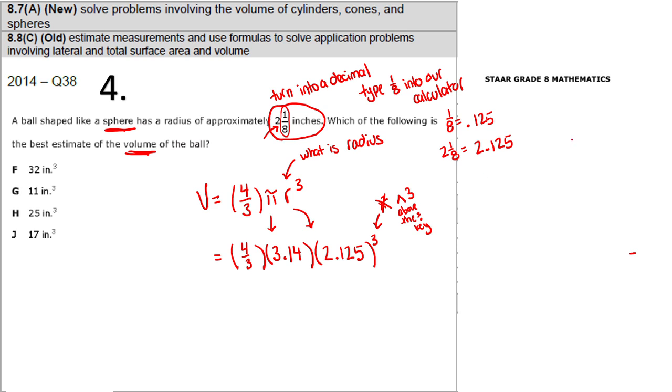Here, I'm going to read out what you need to type in, and then I'm going to give you a second to see if you can get this answer. So we have 4/3.